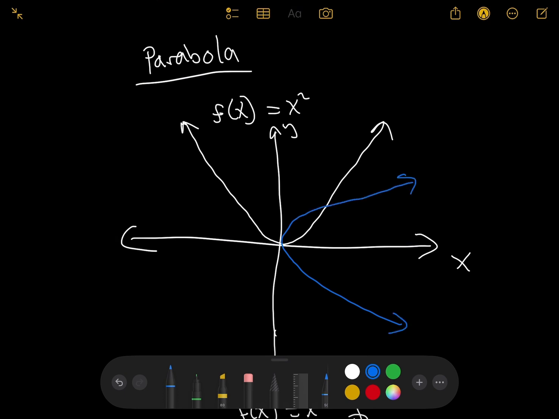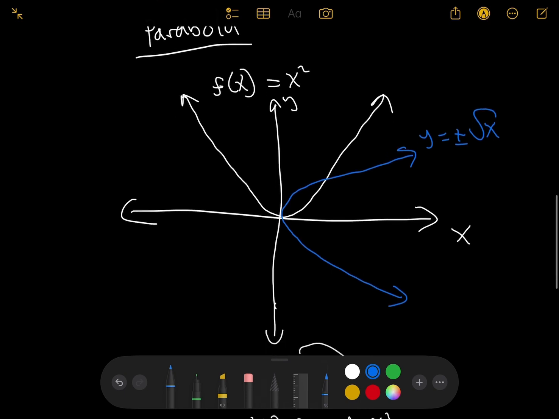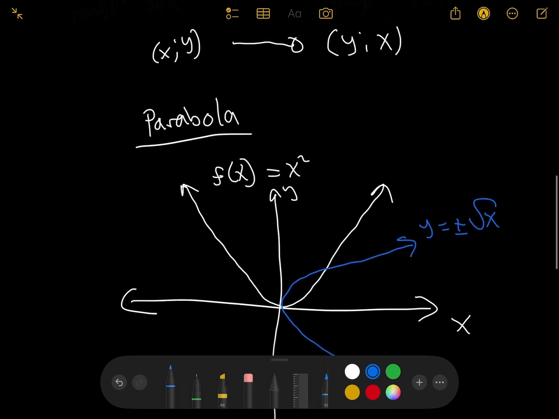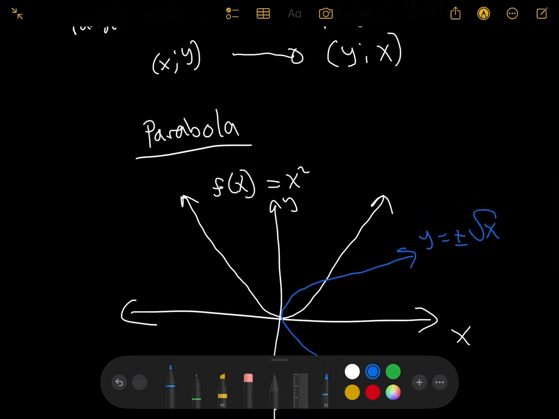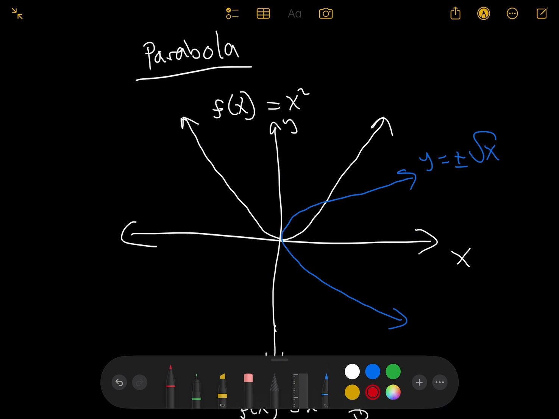Yeah, so this is what you can call your y equals plus or minus square root x, okay? If you check the graph I just sketched, you will notice that it doesn't pass the vertical line test. What is the vertical line test?